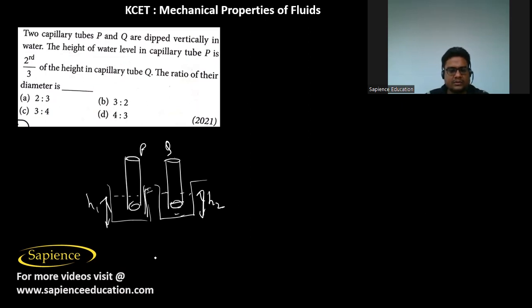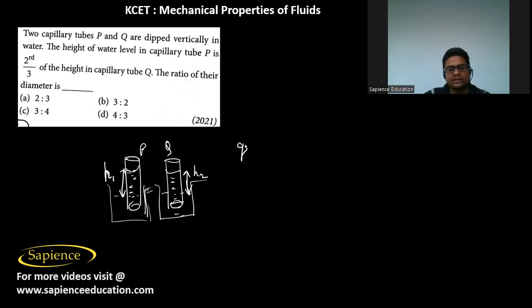Sorry, this is slightly wrong. This is not the capillary height. So here the water will rise up to some level. Let's say in capillary tube P it rises to a height H1, and in capillary tube Q it rises to a height H2.